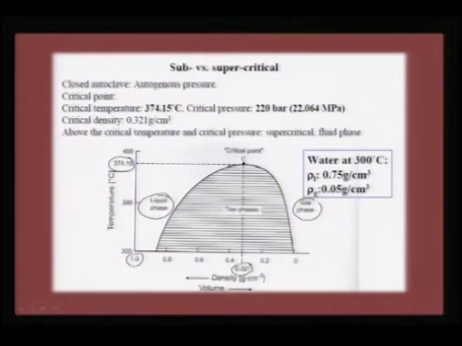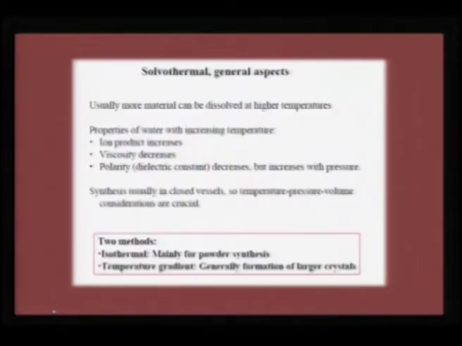So, the density or the viscosity of your water will change with temperature. Water at 300 degree C will have a density of 0.75 gram per cc for the liquid phase, and for the gas phase it will be 0.05 gram per centimeter cube. Above the critical temperature and critical pressure, you have this supercritical fluid phase. So, this is the critical point that we try to achieve in the bomb or in the autoclave.